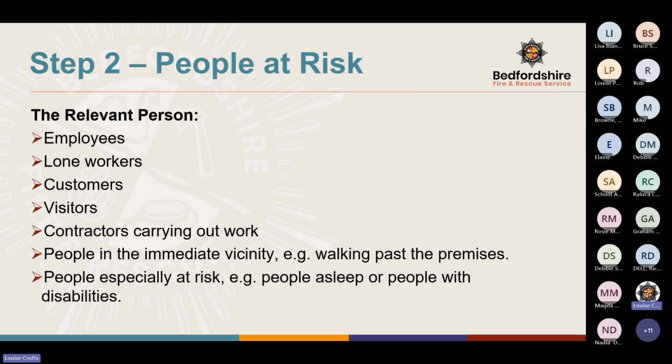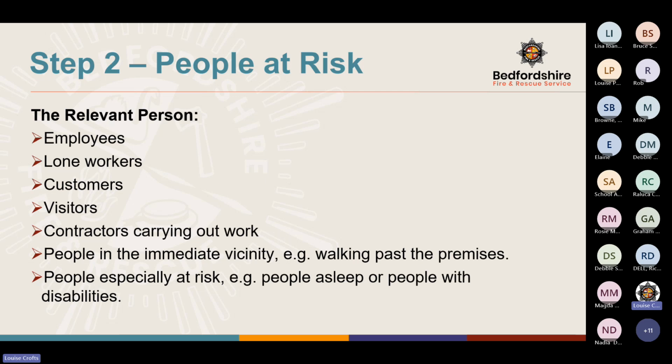And also we need to give strong consideration to those especially at risk. So this could be young people, old people, people who are sleeping, depending on the type of premises, people with disabilities that might need assistance in the event of a fire. So really important, because these people perhaps won't be able to either understand or have the capacity to know what to do.